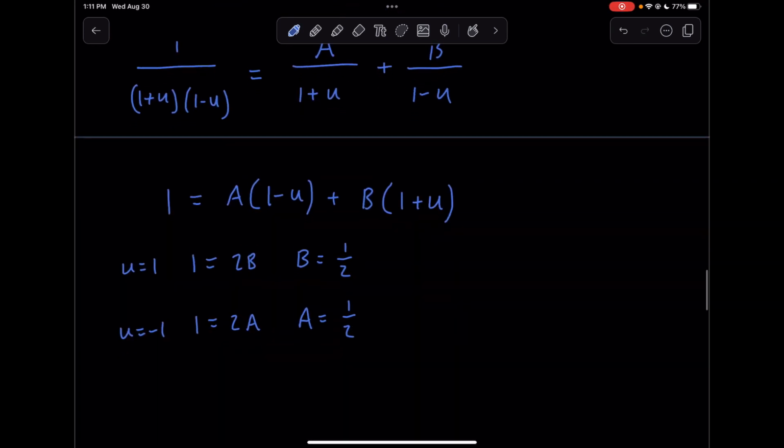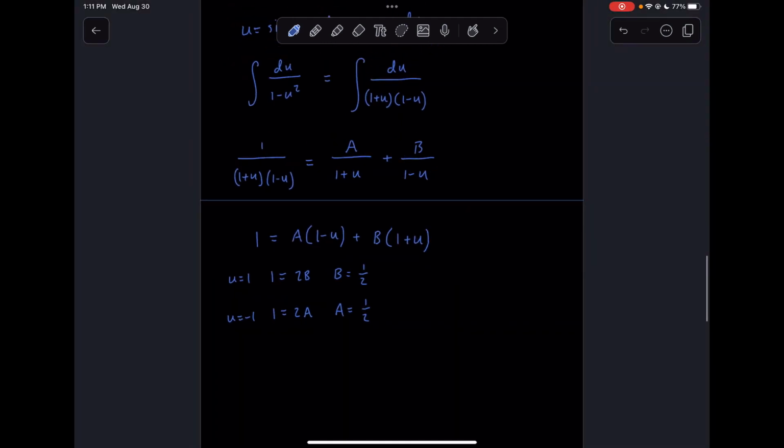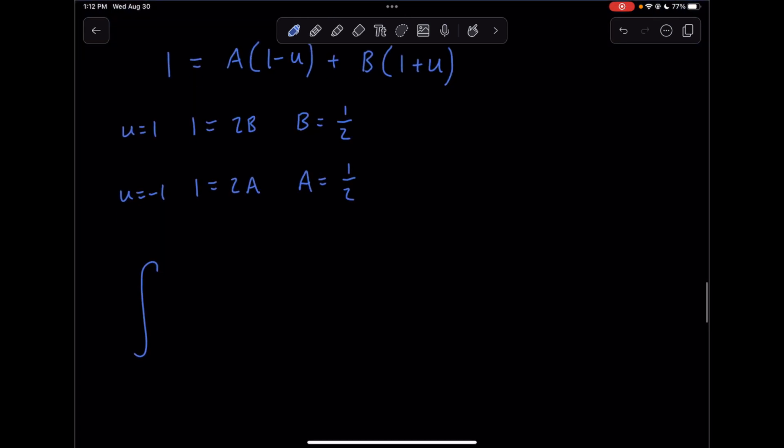So since a and b are 1/2, we can now rewrite this integral with a coefficient of 1/2 using this split fraction. So that's going to look like this. The integral of 1 over 1 plus u plus 1 over 1 minus u, with a coefficient of 1/2. And now we can evaluate this integral.